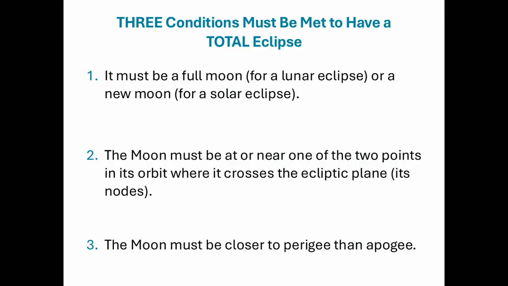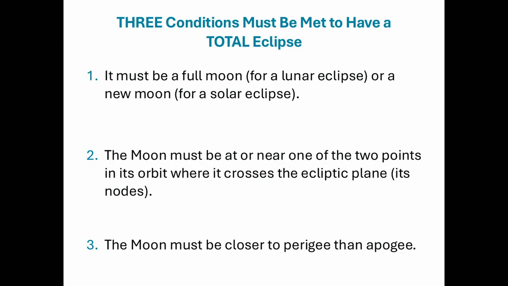The moon is orbiting the Earth, but its orbit is slightly at an angle compared to the plane that the Earth orbits the sun. And so the moon has to be pretty close to one of the nodes where it crosses the ecliptic.